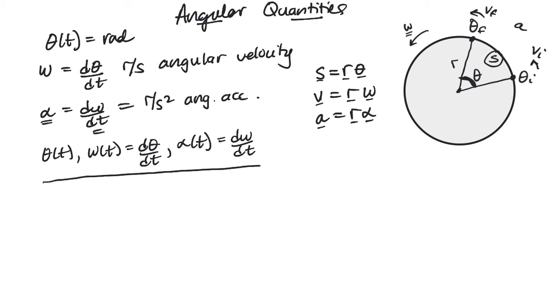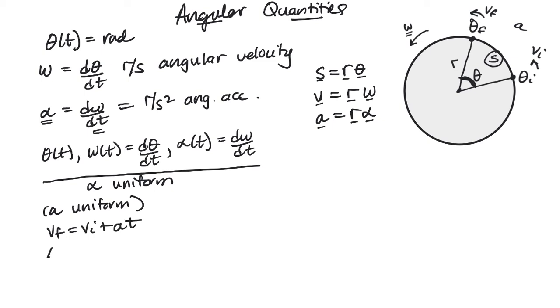Well, we can do the same thing. If alpha is constant, alpha is uniform, we can wind up deriving a version of the big three just for angular quantities. So let's remind ourselves of the big three, which was when A is uniform. I'm not going to write all five, just the big three. We had V final equals V initial plus AT.